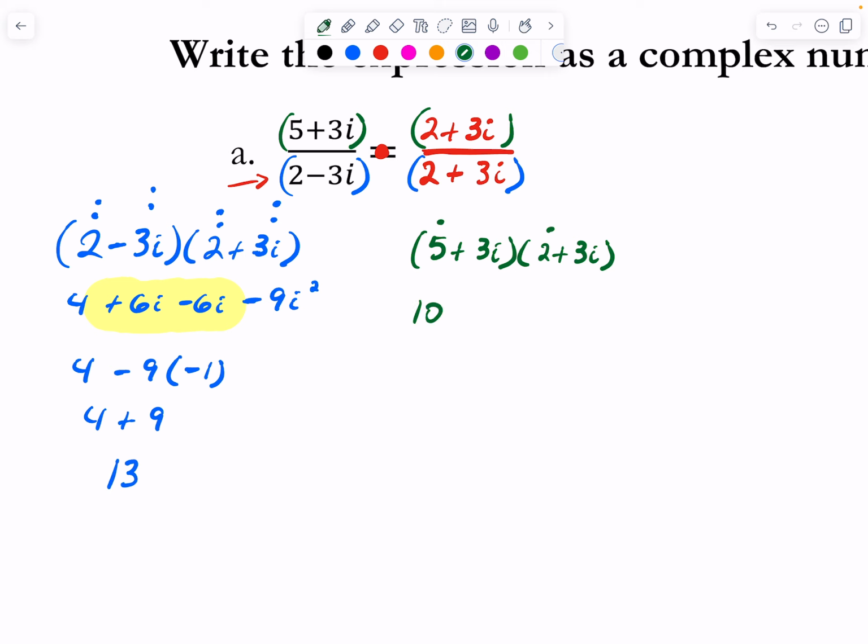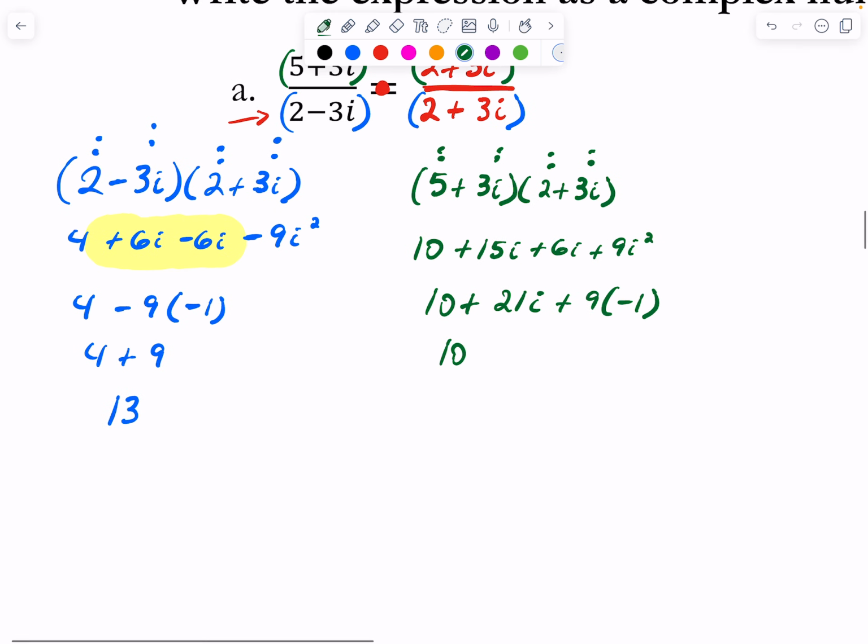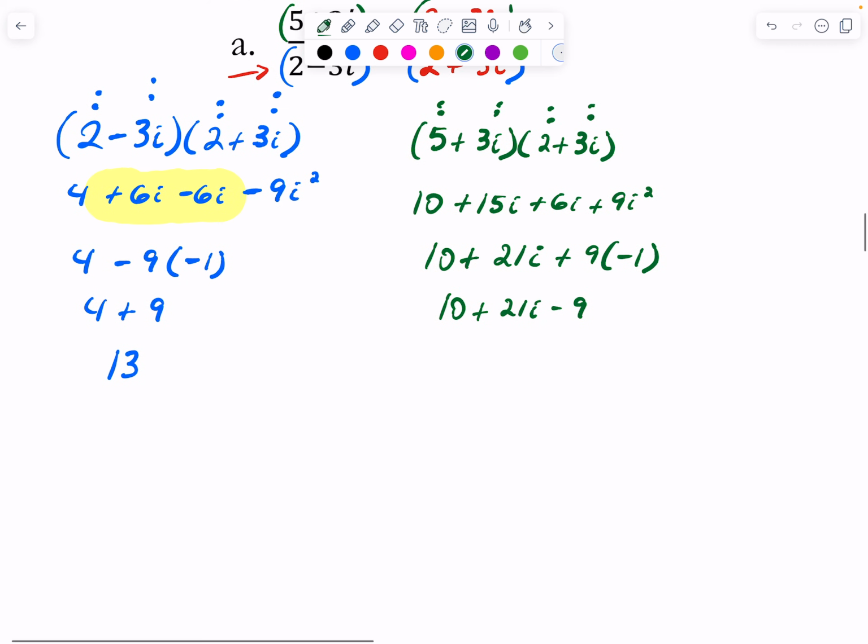So 5 times 2 is 10, 5 times 3i is 15i, 3i times 2 is 6i, and then 3i times 3i is plus 9i squared. So I'm going to go ahead and combine my imaginary pieces to get 21i. We know that i squared is really -1, so that's 10 plus 21i minus 9. 10 minus 9 is 1 plus 21i.